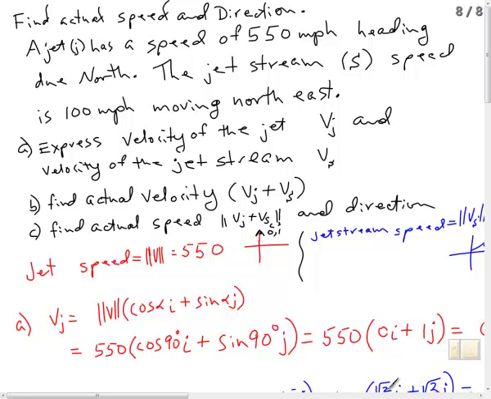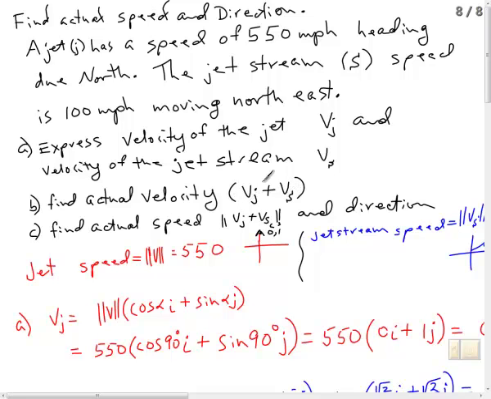Speed is 100 miles per hour, moving northeast. And there's three parts to this problem. We want to express the velocity of the jet, and we'll call it Vj, and the velocity of the jet stream, we'll call that Vs. Part B, we want to find the actual velocity, which is going to be the sum of these two vectors.